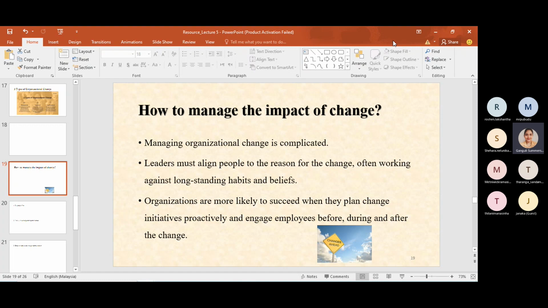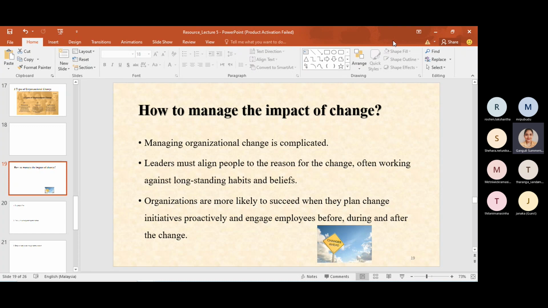So how can leaders manage the impact of changes? The leaders must align people to the reason for the change. That means leaders can communicate. If a change is happening inside a company, there is a reason for that change, right?